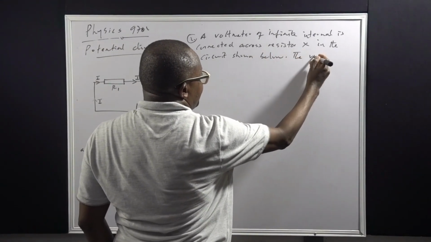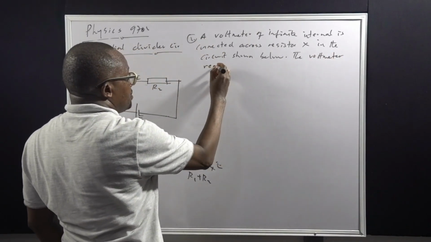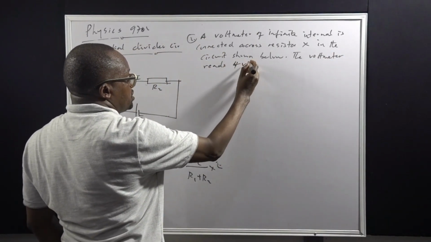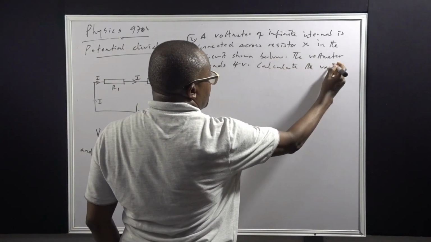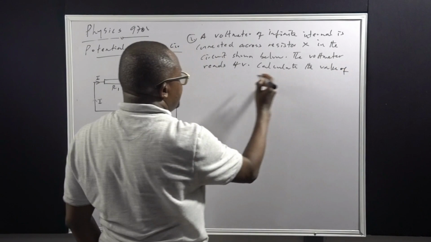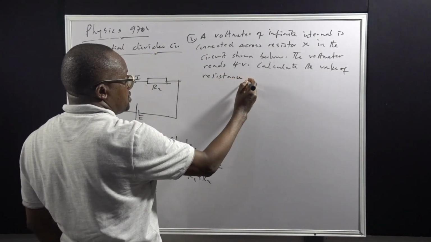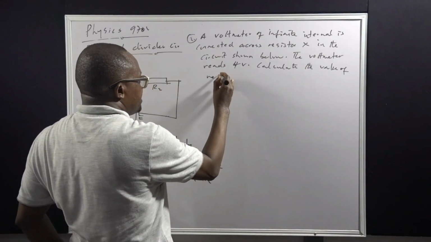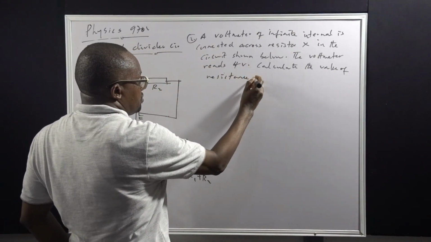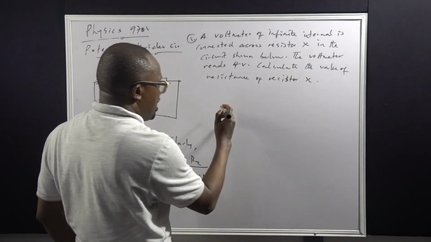The voltmeter reads 4 volts. Calculate the value of resistance of resistor X. So I have this.